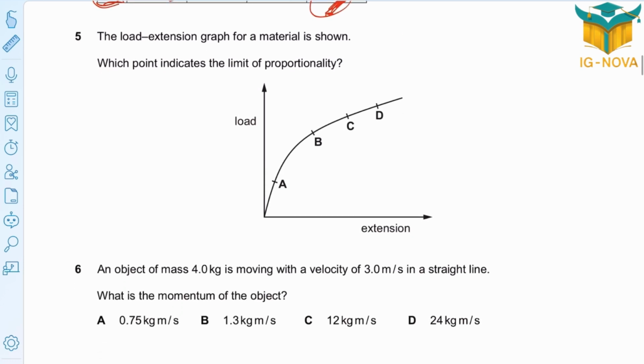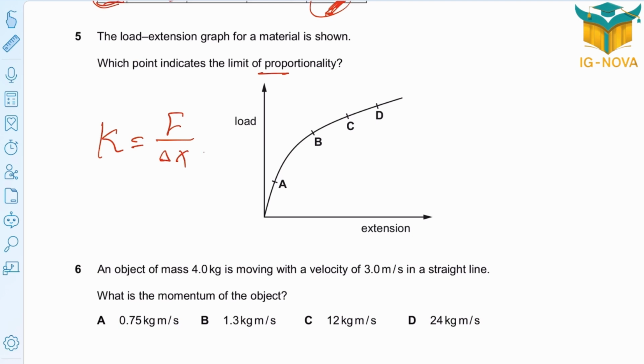Question 5. The load extension graph for a material is shown here. Which point indicates the limit of proportionality? Before the limit of proportionality, according to Hooke's law, K equals F over delta X. K is a constant, Hooke's constant. F is a force and delta X is the change of extension.